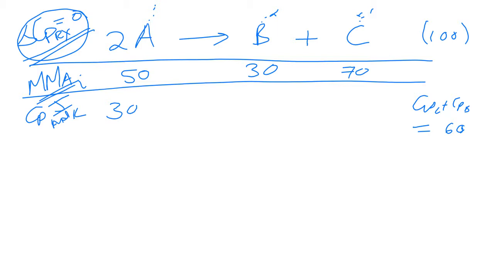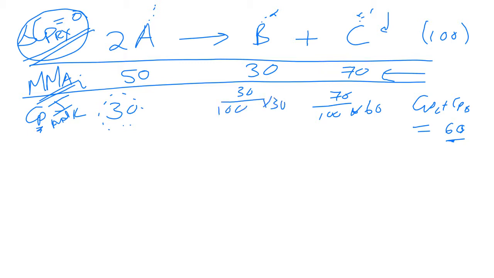Each hydrogen molecule too. So the energy carrying capacity, or the CP value, is distributed to match the molar masses. Therefore, if I want to calculate the CP value of C, it should be equal to 70 divided by the total molar mass times that 60. And this one CP value must be 30 divided by the total molar mass of the mixture times 30.